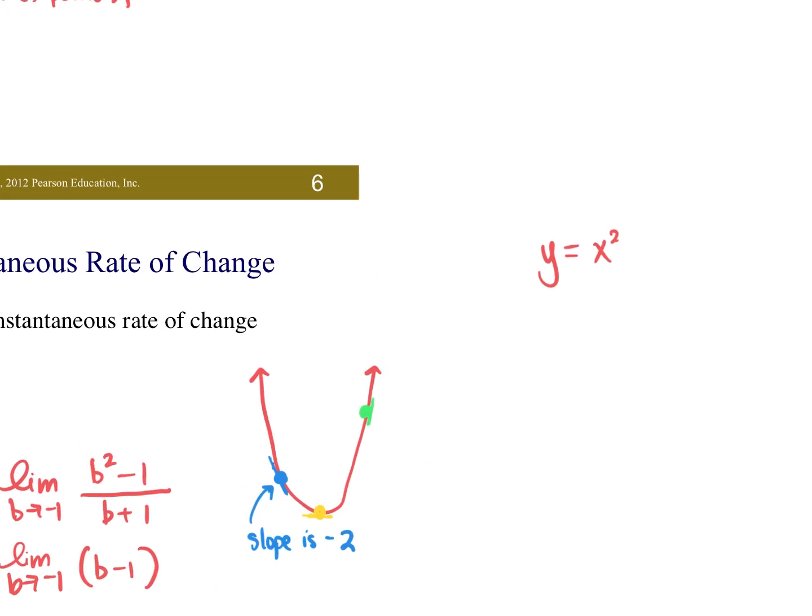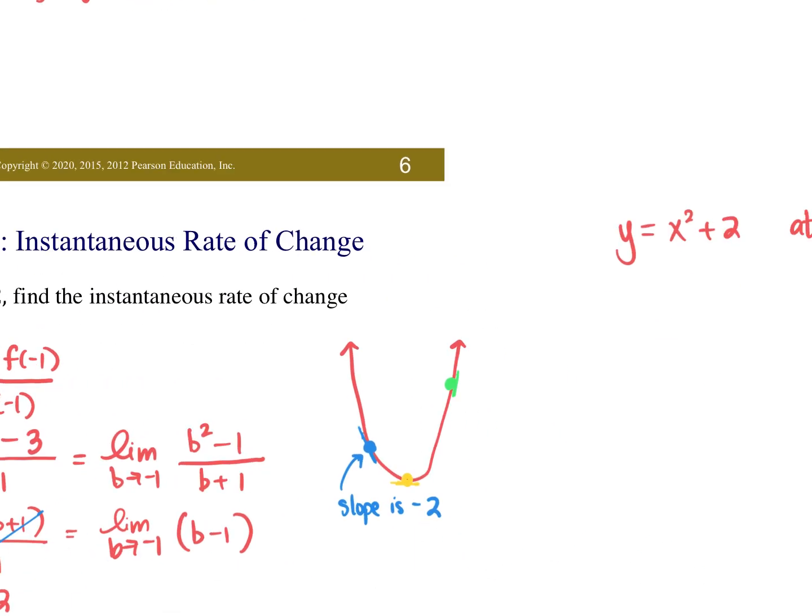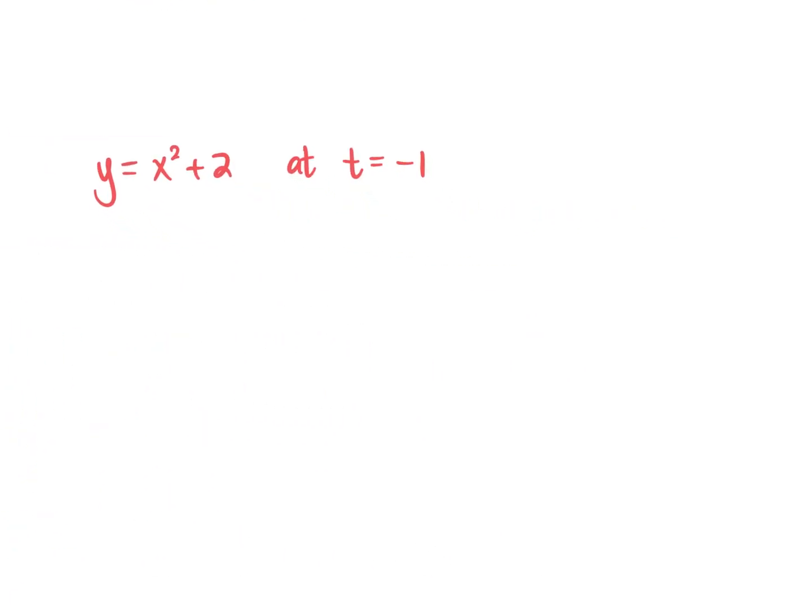And we'll do it together. What was it? X squared plus 2. And then instead of x equals negative 1, make it time equals negative 1.